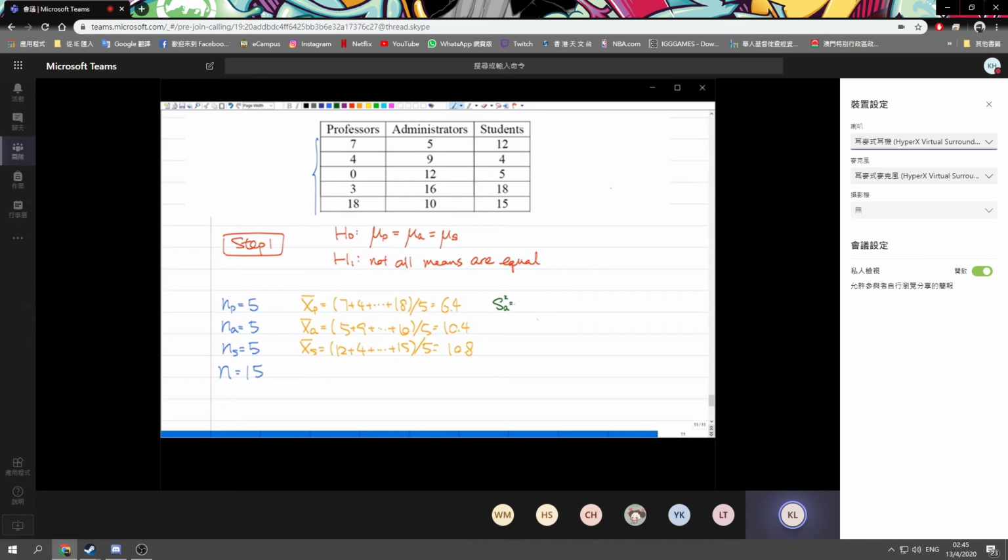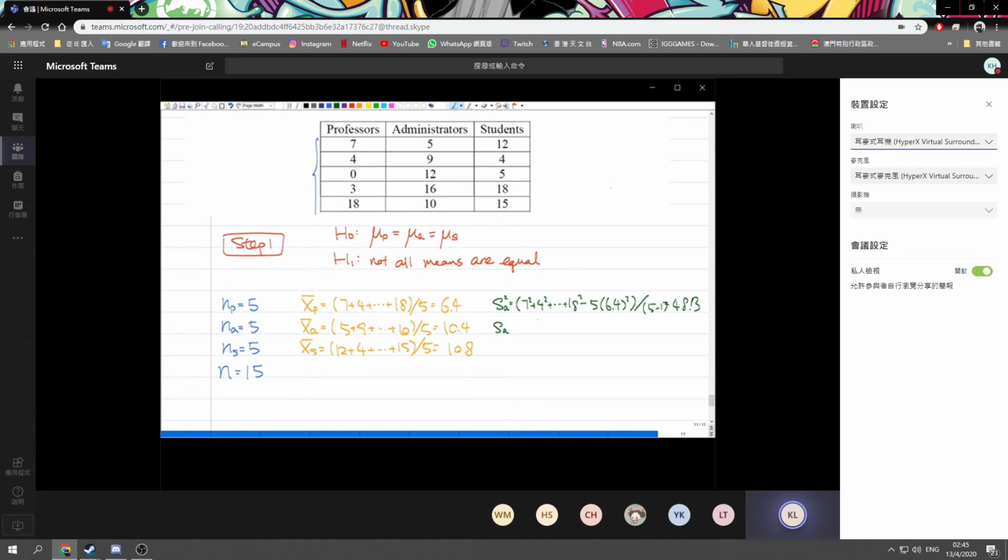The next is the variance. Then we have 7 square plus 4 square plus dot dot dot up to 18 square minus 5 times 6.4 square, and then divide the whole thing by 5 minus 1, and that is 48.3.